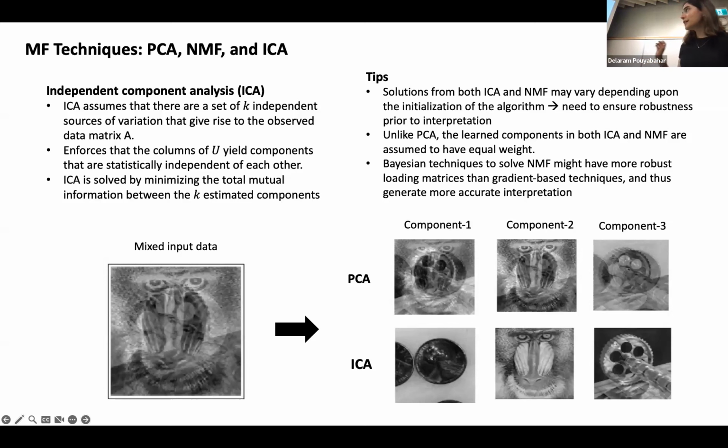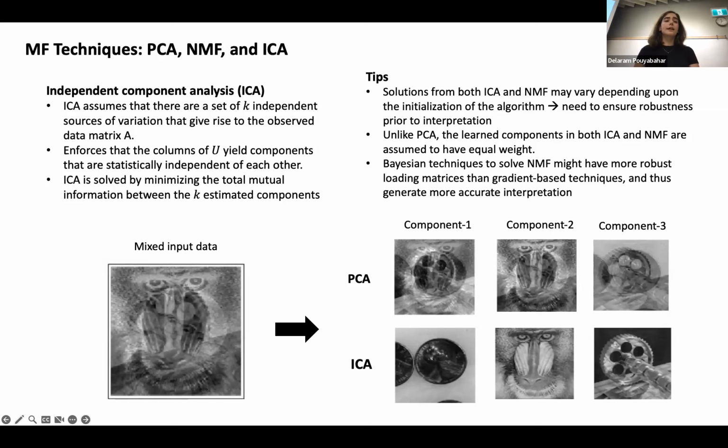So there are a couple of tips and notes that you should have in mind when you're using these methods. Solutions from both ICA and NMF may vary depending upon the initialization of the algorithms. So it's important to ensure robustness of your factors before starting the interpretation. This is not true for PCA.